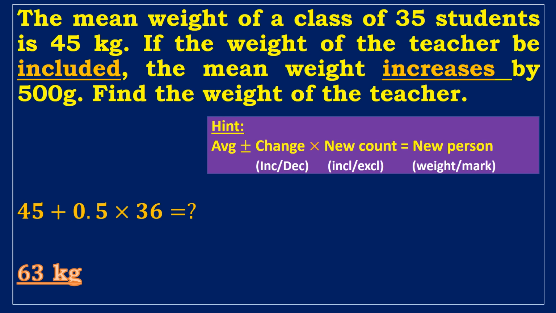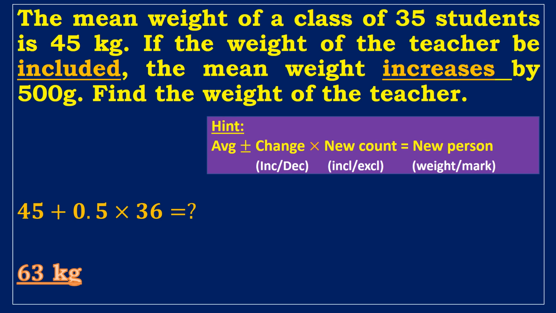There is a really interesting math trick behind it. For including or excluding concepts, we use a direct formula, that is, the average value plus or minus the change in value into new count is equal to the new person's value.